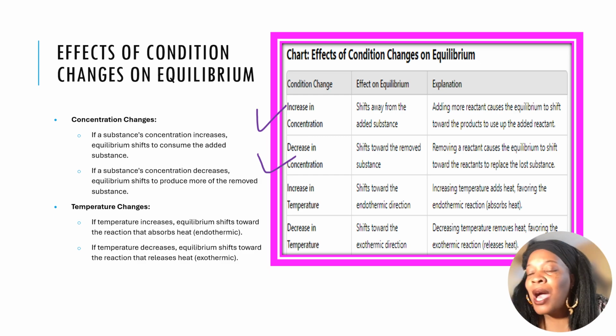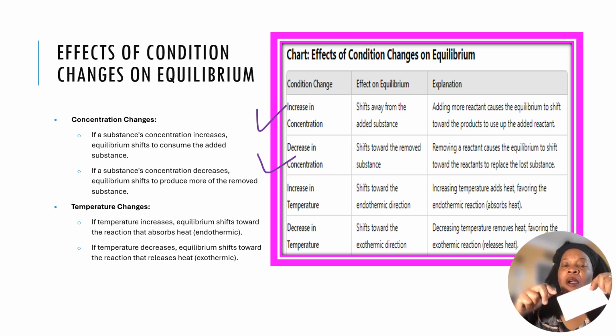If I were you, I would put them on note cards so you can remember that concept. Write down what happens when you increase the concentration versus decreasing the concentration so that it becomes a part of your memory bank for the TEAS exam. Now, number two, temperature changes. As we talked about before, if the temperature increases, equilibrium is going to shift towards the reaction that absorbs heat, meaning an endothermic reaction.